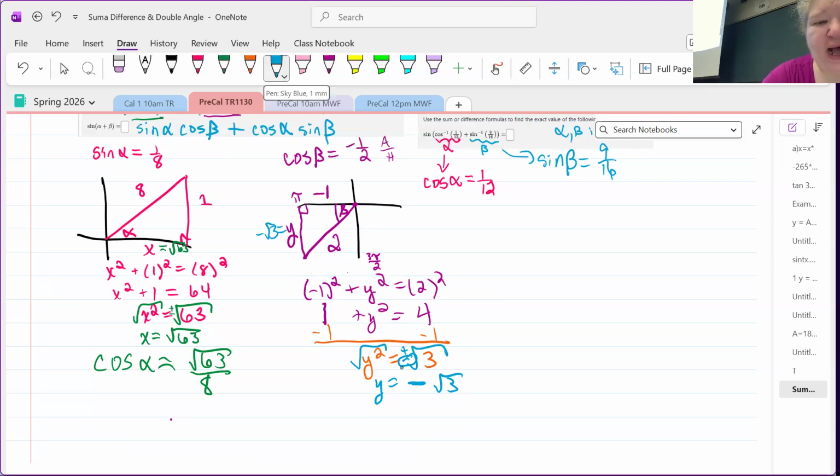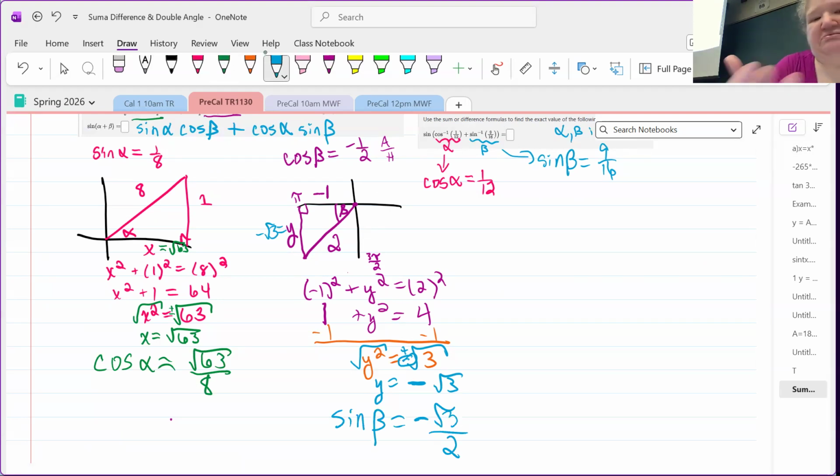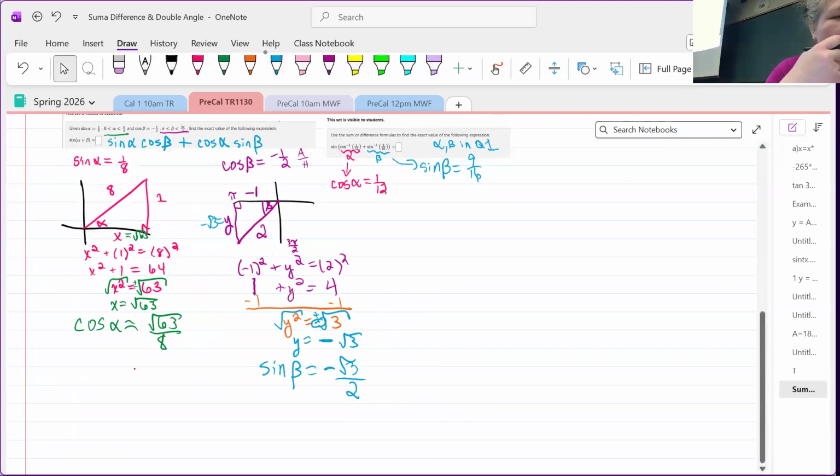Then I solved for y, so now I can fill in that the sine of beta is the negative square root of 3 over 2. So beta, it turns out, is actually a unit circle angle, but it doesn't matter, because we really don't care what the angle is. We care what the cosine of that angle and the sine of that angle are.